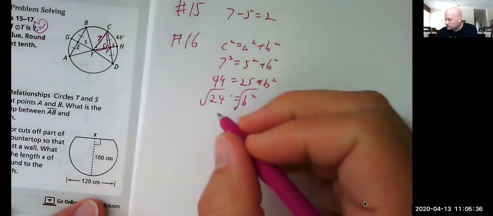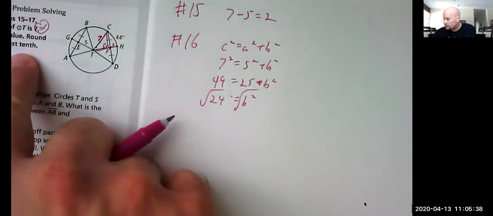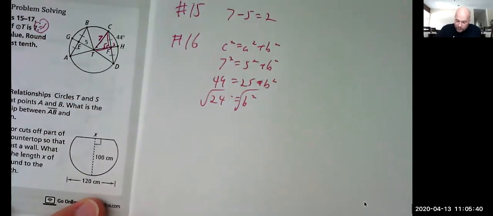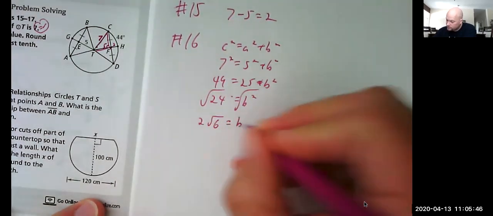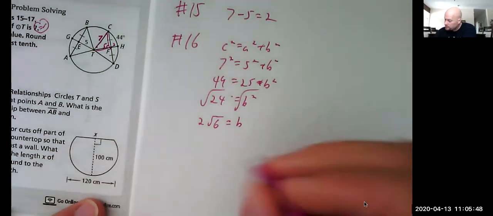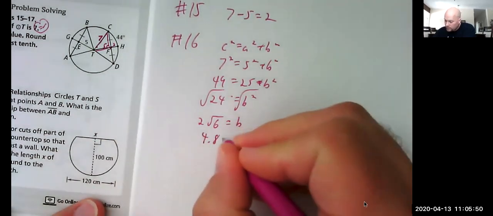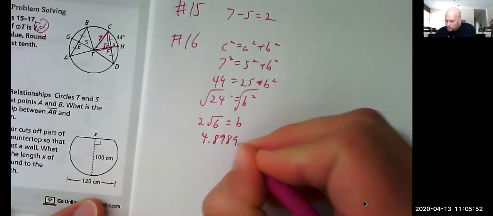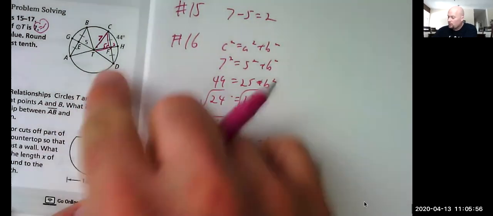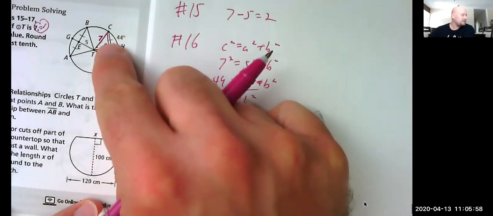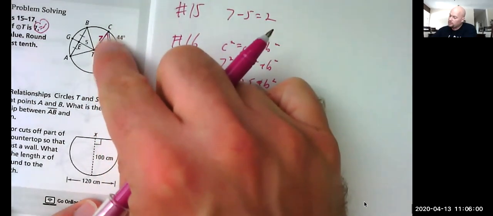And now it says round to the nearest tenth, so we can go ahead and round here. So the square root of 24, if we had simplified it, was this. But again, we're going to go ahead and write it as a decimal since it says round. Now, this is not our final answer, so I'm going to leave a couple extra decimals for a moment, because this is only this piece right here.